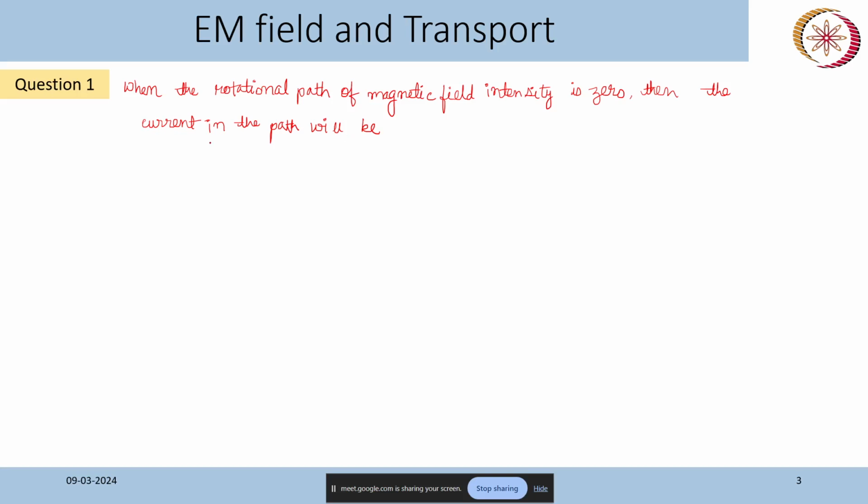So the question is, when the rotational path of magnetic field intensity is 0, then the current in the path will be, so what will be the current? The options are A, 1, B, zero, option C is infinity, and D is 0.5.